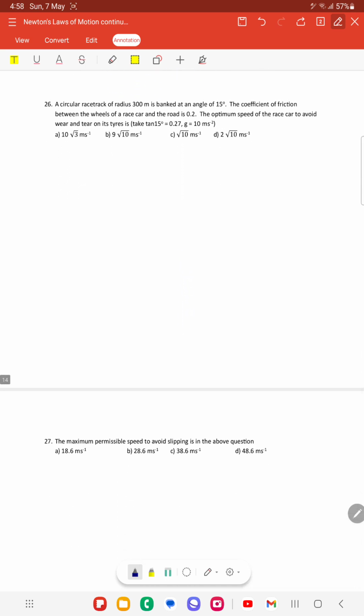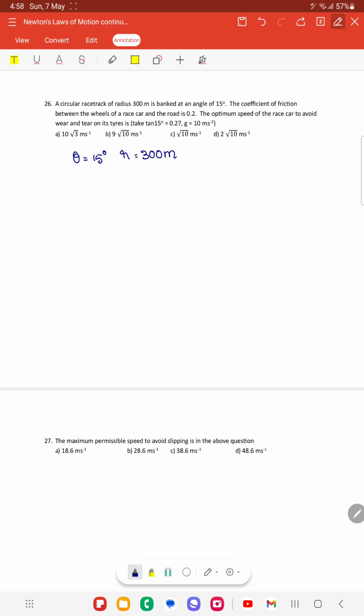Question number 26. A circular racetrack of radius 300 meter is banked at an angle of 15 degree. The coefficient of friction between the race car and the road is 0.2. The optimum speed of the race car to avoid the wear and tear of its tires is... So they have given the angle theta, that is the banking angle, 15 degree, and the radius is 300 meter.